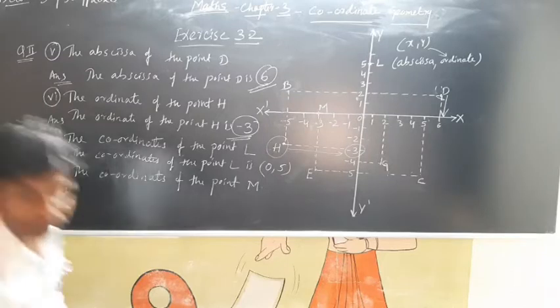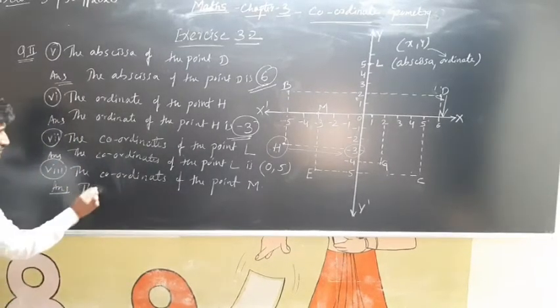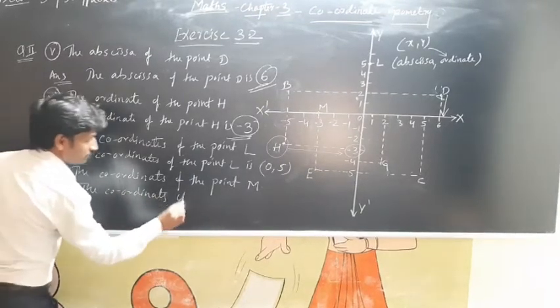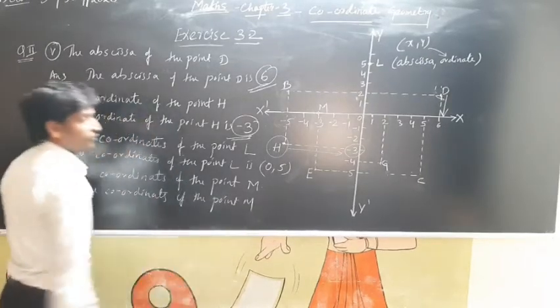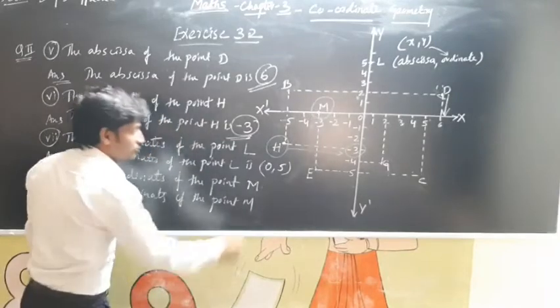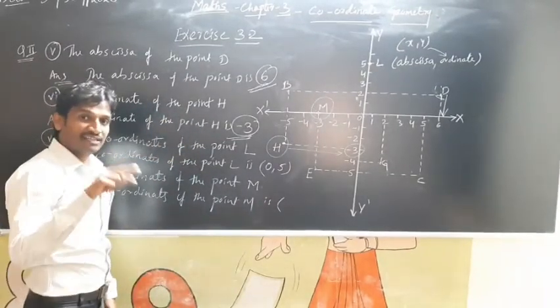Answer is the coordinates of the point M. Where is the M here? This is a M. Okay. So here also we need to find both the values x and y.